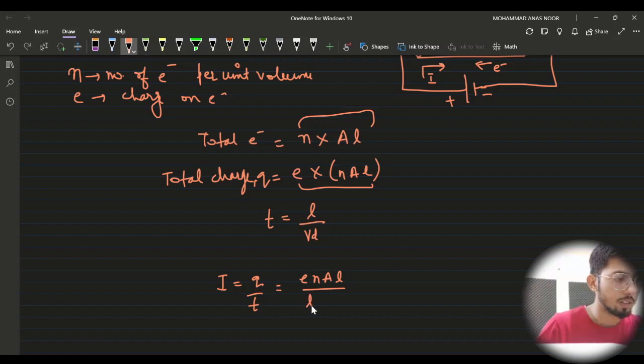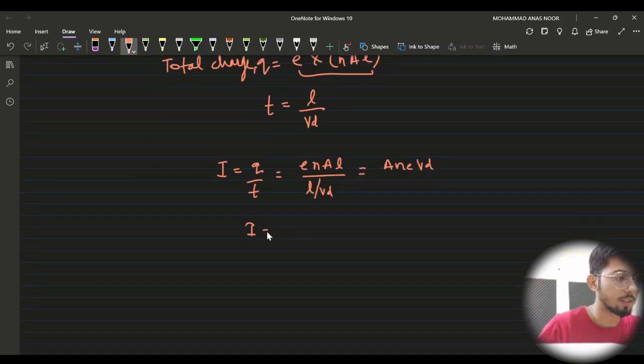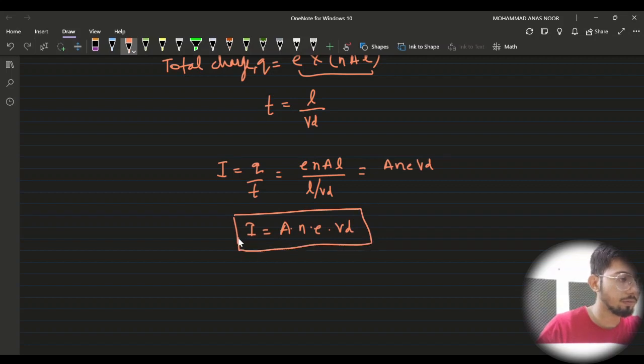So T is L upon VD, and when you solve it, I is equal to nAeVD. This is also an important result. So I is equal to nAeVD, correct?